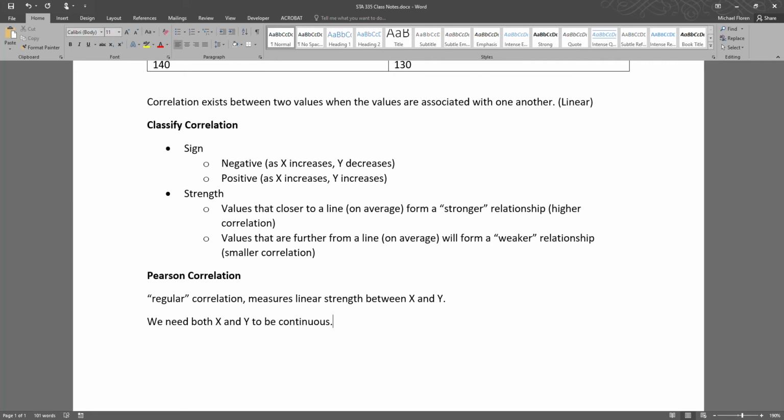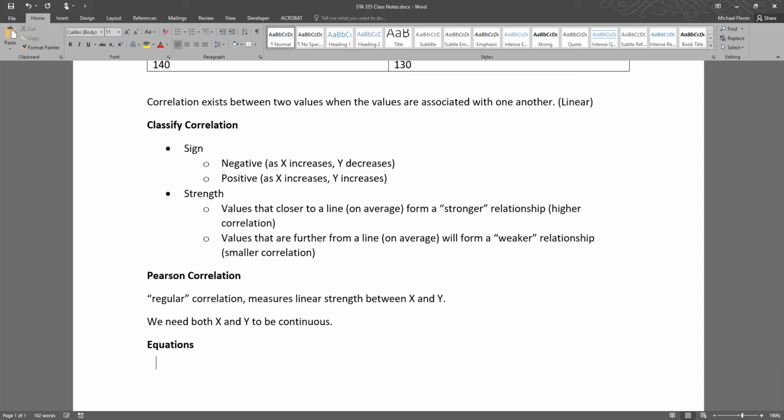And so mathematically, that would be a discrete number. We often treat those as continuous, but it's important to realize that that is a deviation from the requirement of a correlation. Correlation properly should have those continuous values, so we need to be careful when we make those deviations.